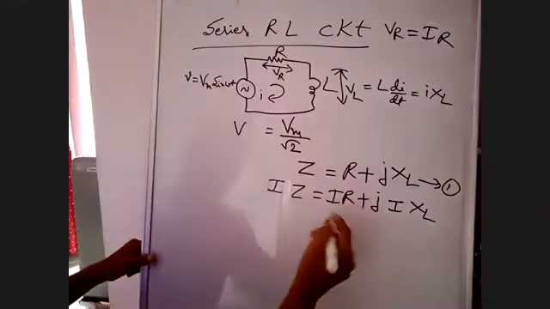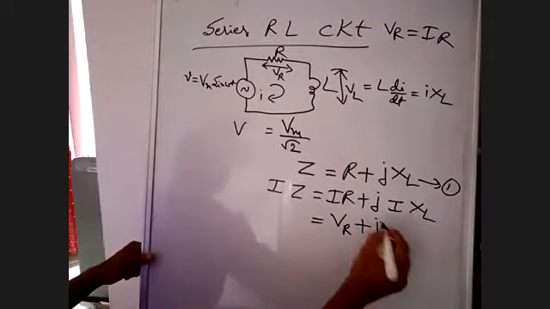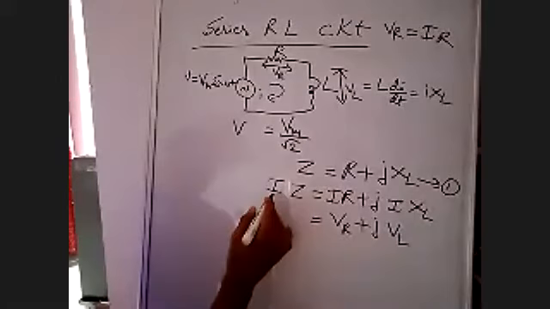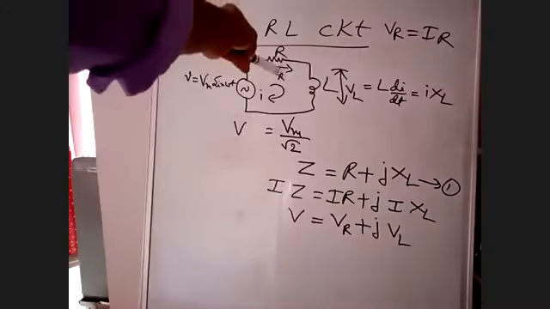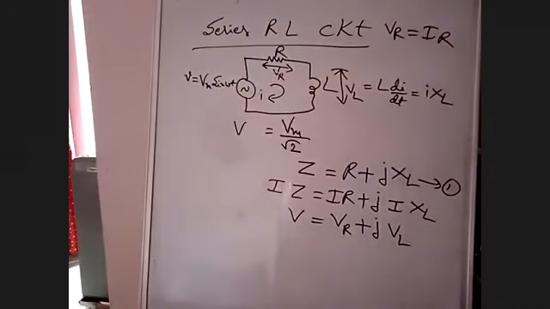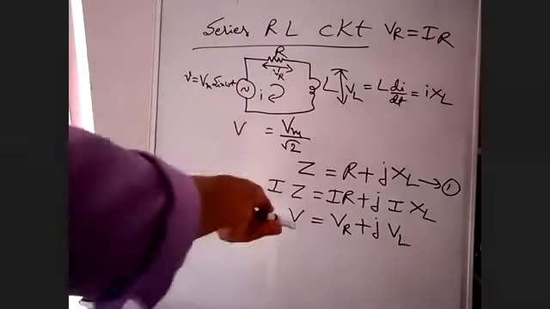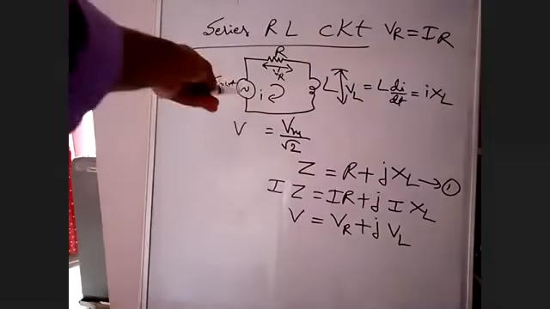Now, what is I into R? VR. What is I into XL? VL. I into Z is the total voltage. So the total voltage V is the sum of VR and VL. V is the RMS voltage of the supply.